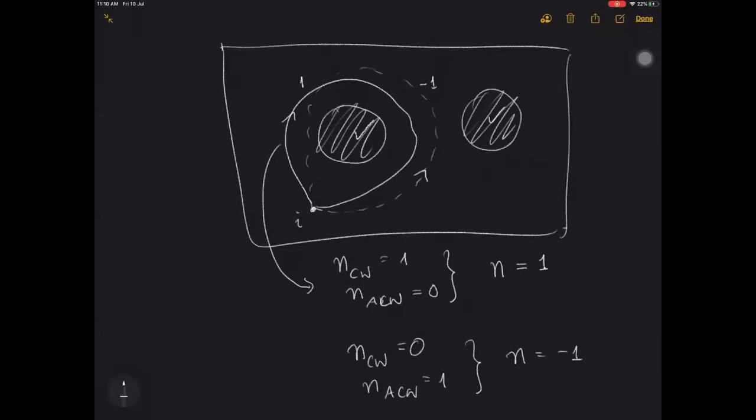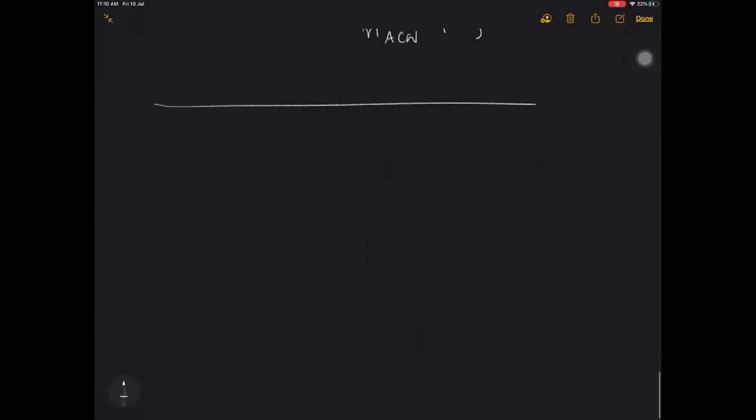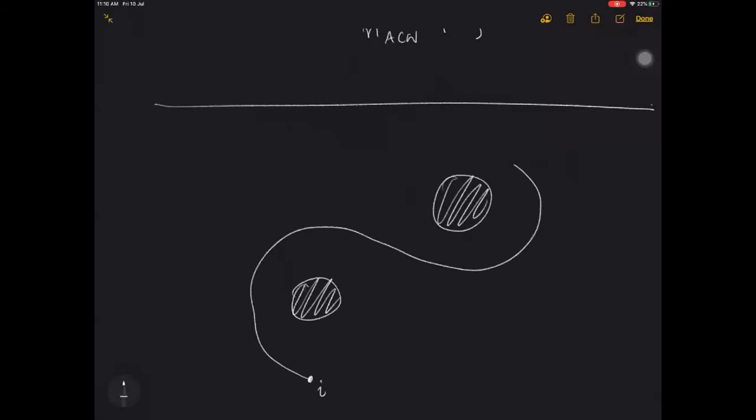And once you try to do this, let's try to draw a figure. Okay, so let's see if I can do this in real time. So let's see, say if I have a base point like this. Okay, so if I choose something like this, let's call that curve F.